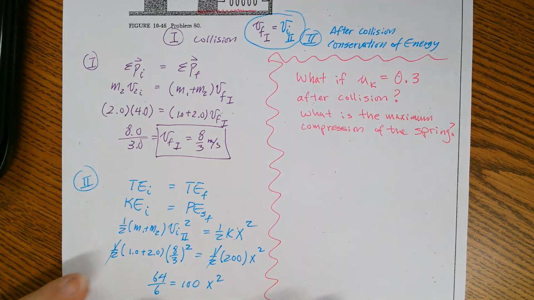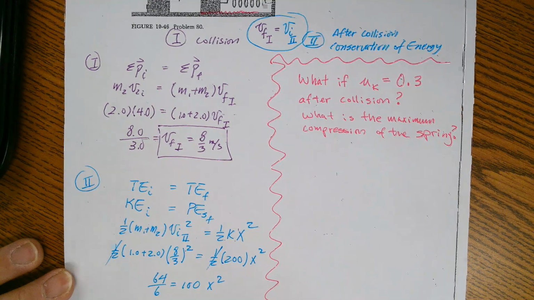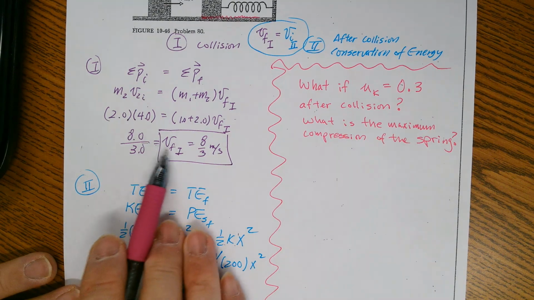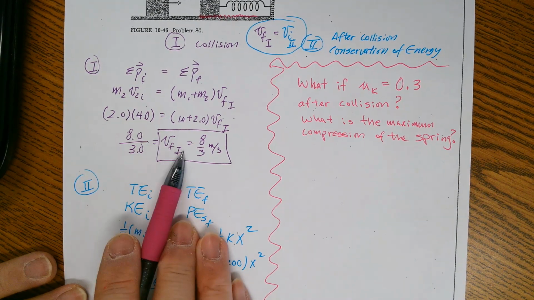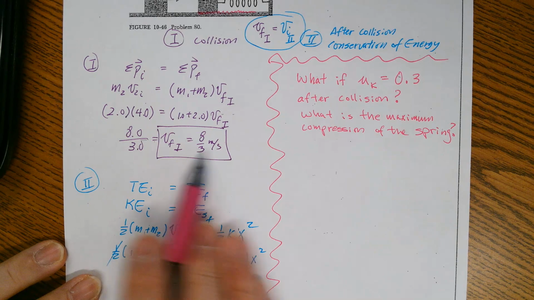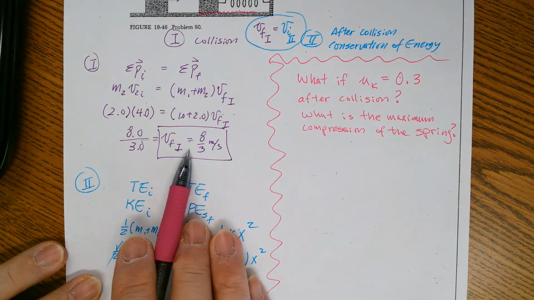Then what is the maximum compression of the spring? This first part wouldn't change, because the friction happens only after the collision.